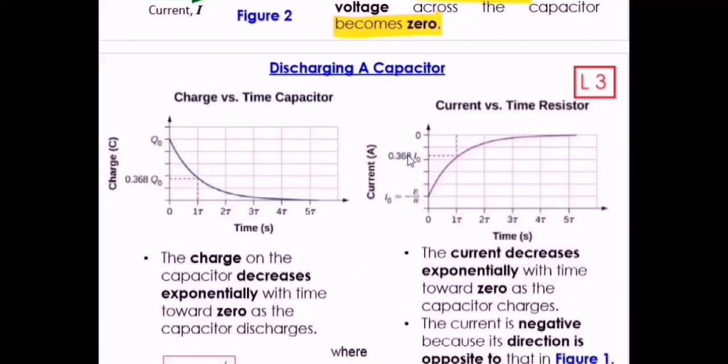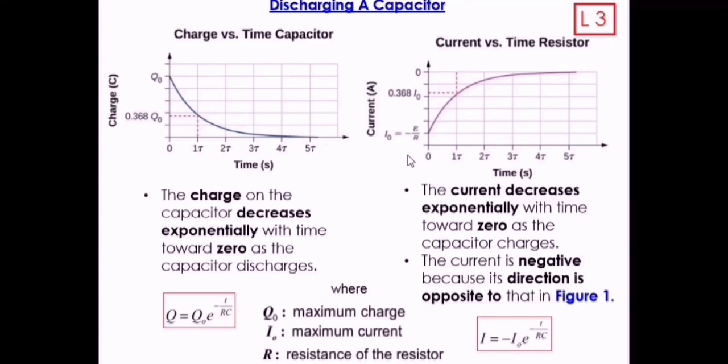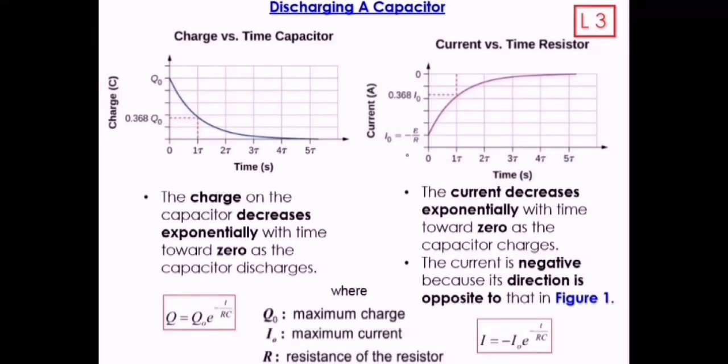Okay, so for the graph, it's the same. We still have two graphs: charge against time and current against time. Like I said earlier, charge decreases exponentially towards zero.